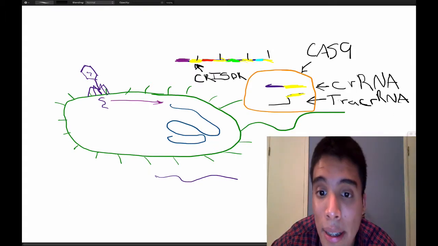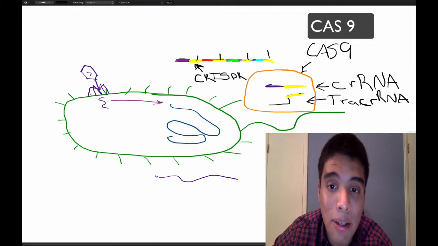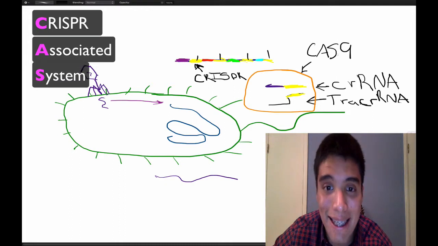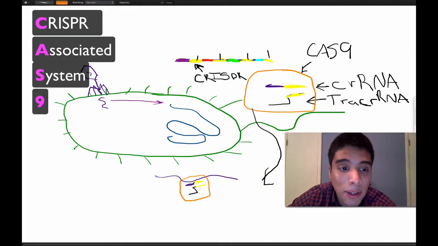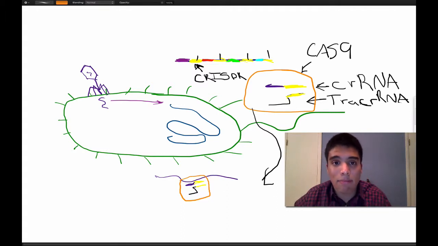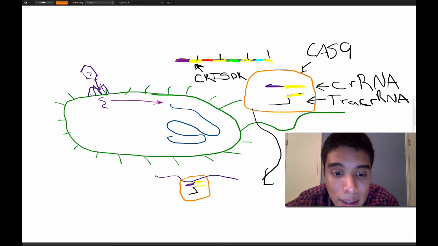And what these two will do is find this enzyme called Cas9. Cas9 stands for CRISPR associated system 9. They'll find a portion on this virus DNA, and Cas9 will snip it. It'll make a double-stranded break.